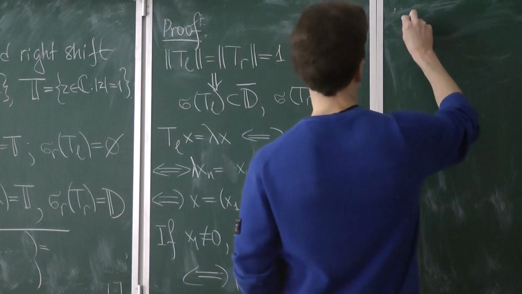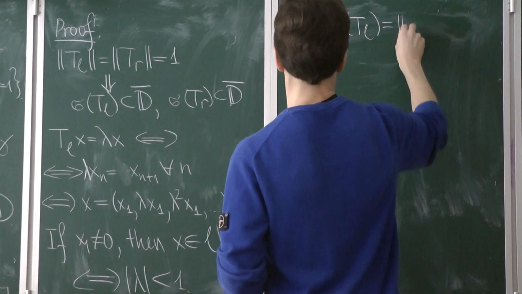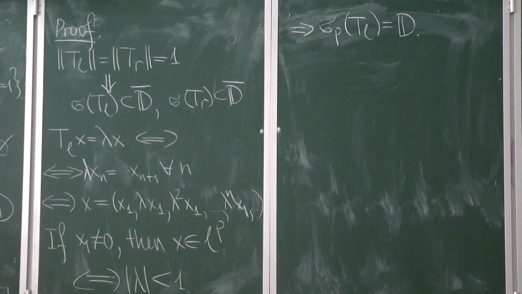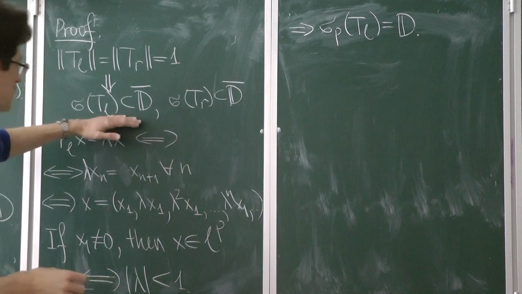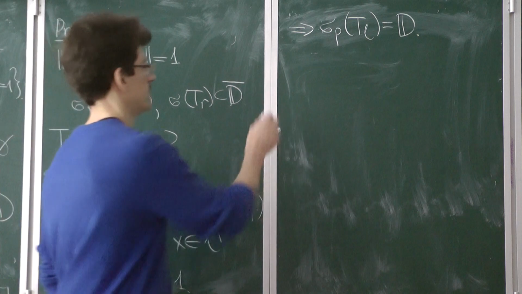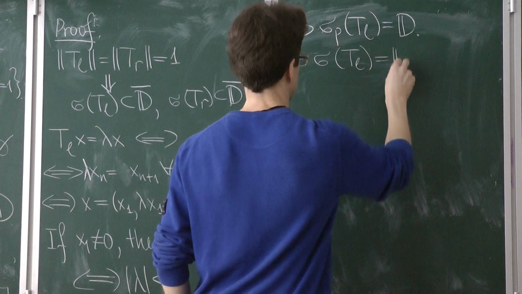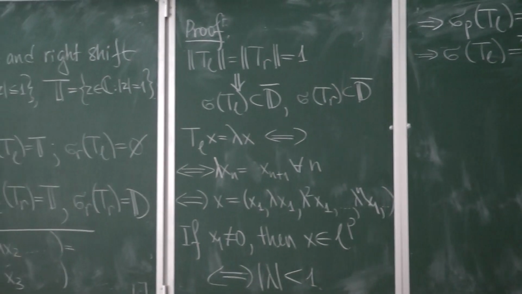So this implies that the point spectrum of the left shift operator is the open disk. But we know that the spectrum is contained in the closed disk, and now we see that it contains the open disk. And since the spectrum is closed, we can conclude that the spectrum of the left shift is the closed disk. So we proved this and this.